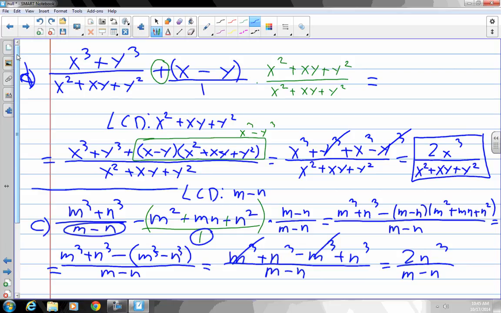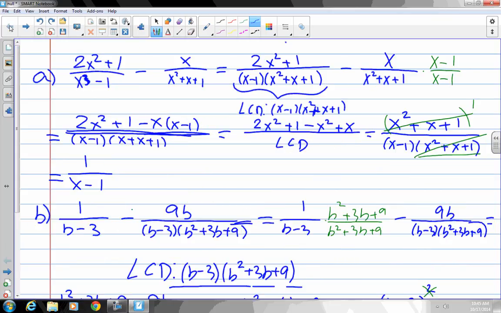If I go back a page, here's the least common denominator. You compare that with the first denominator. Here's the original first denominator, so they are identical. Nothing needs to be changed. Your first fraction has the same denominator as the LCD. Now the second fraction: does it have the same denominator as the LCD?